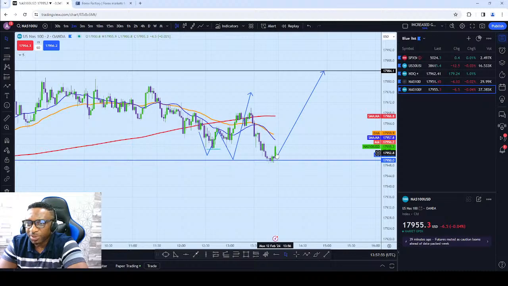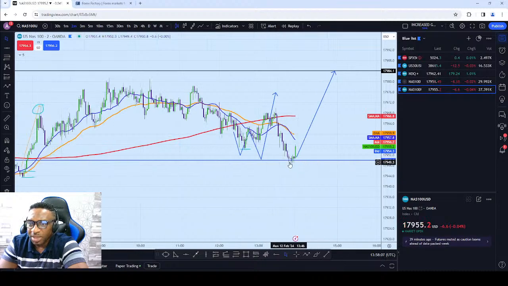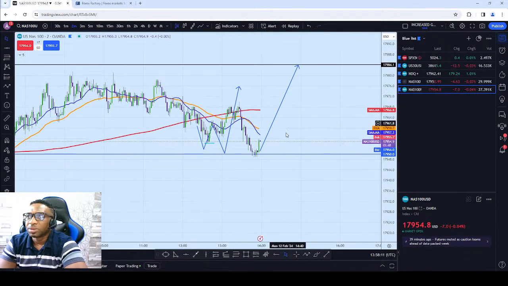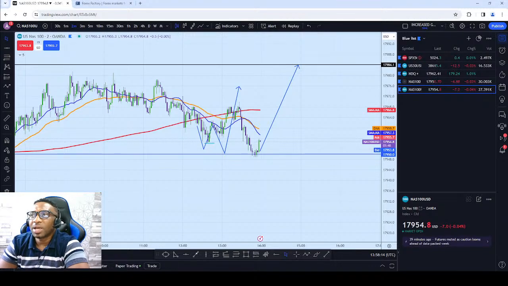I'm taking the position based off the fact that it's coming off the key level. So we'll see what comes out of it.